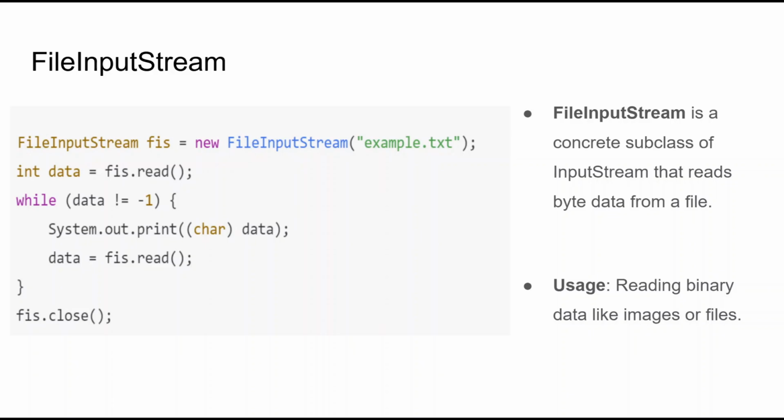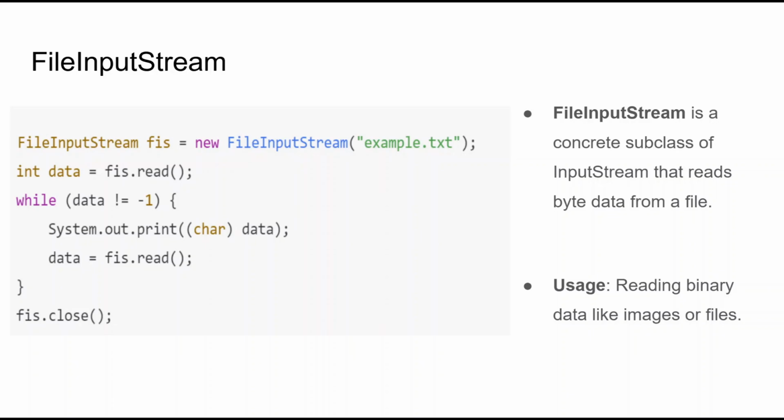Like int data is equal to FIS dot read. That means I'm getting data in an integer format one by one, while data is not equal to -1. That means while I'm not at the end of the data, it will iterate.